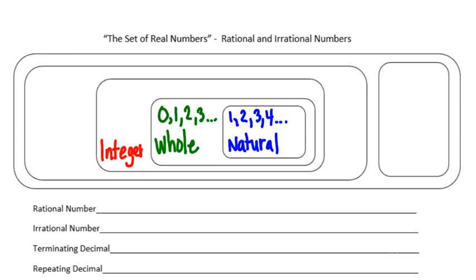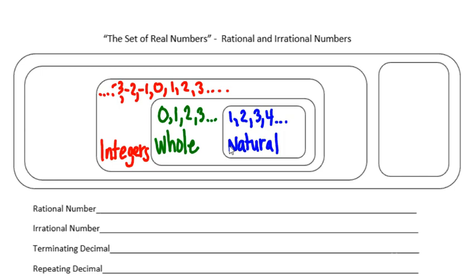Then we can get one set bigger than that even, and those are called integers. Integers are the whole numbers and their opposites. So the whole numbers, which are 0, 1, 2, 3, and so forth into infinity, and their opposites, which are the negatives. So going this other way, -1, -2, -3, and so on into negative infinity.